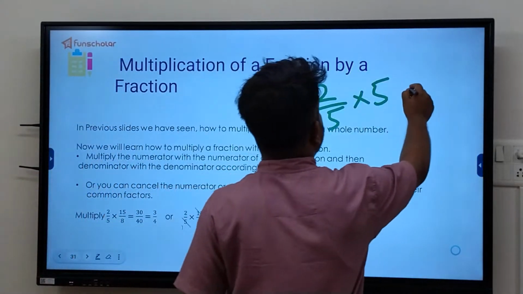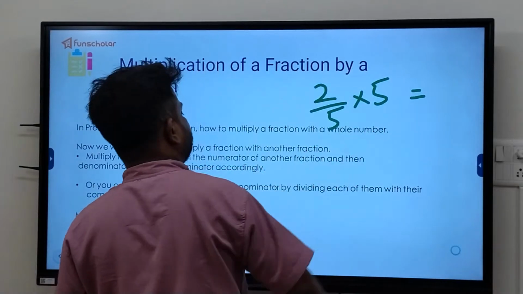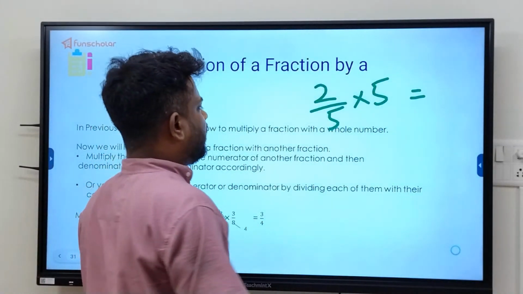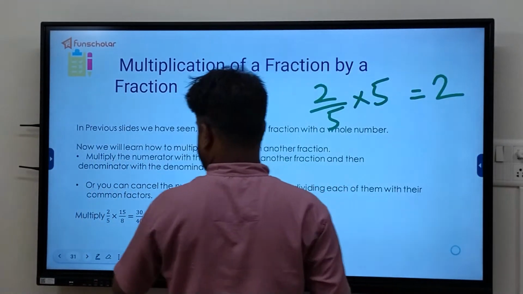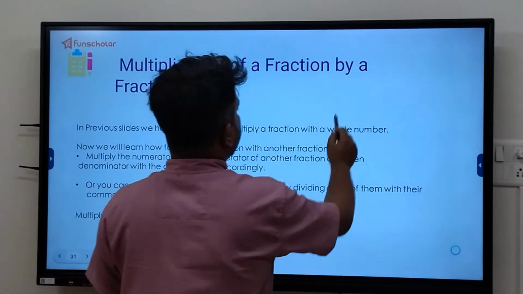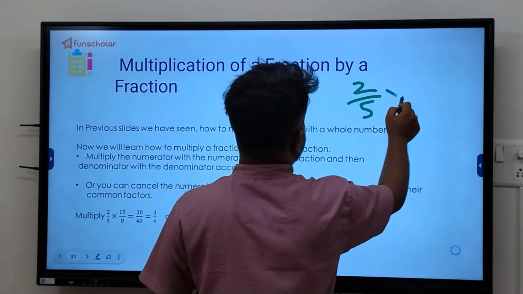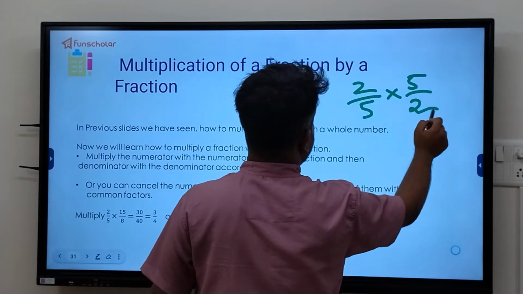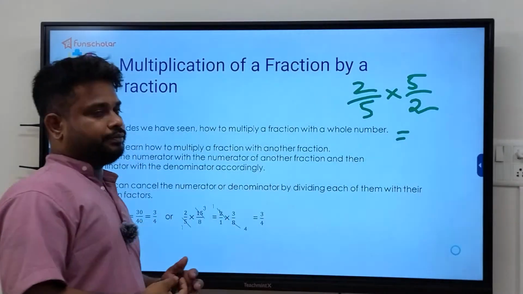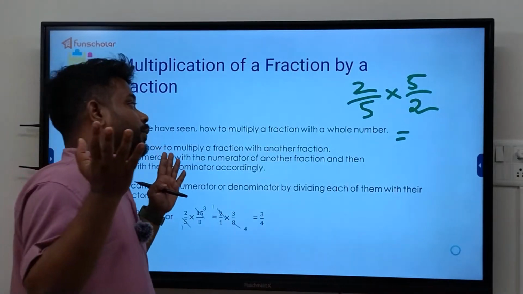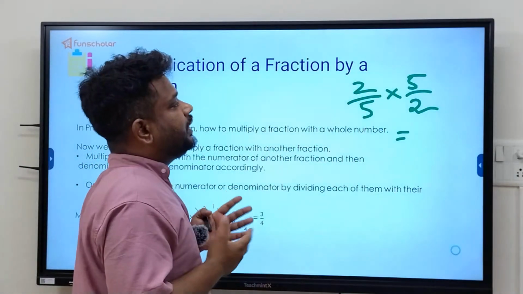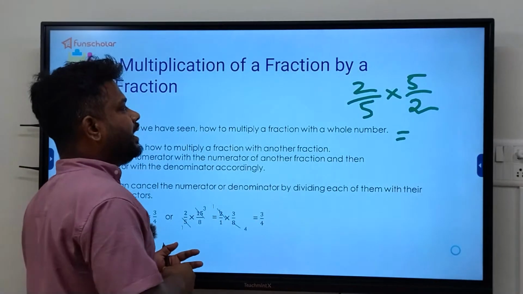We can simply use multiplication to calculate them. Here the answer will be 2, but here we are going to learn how we can use multiplication to multiply two fractions.